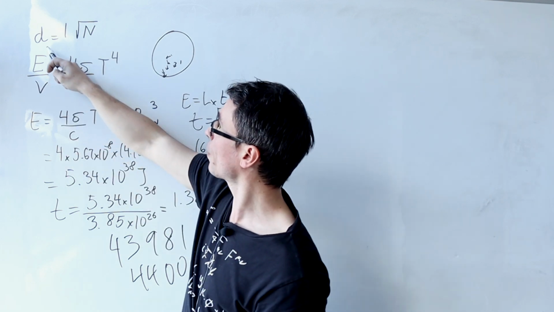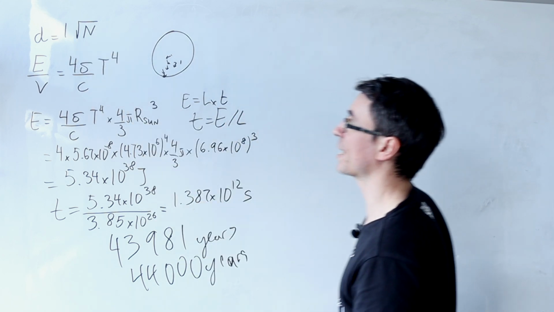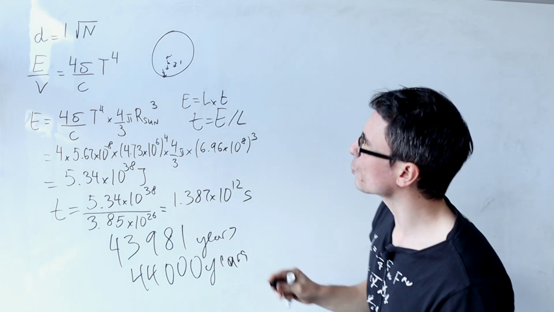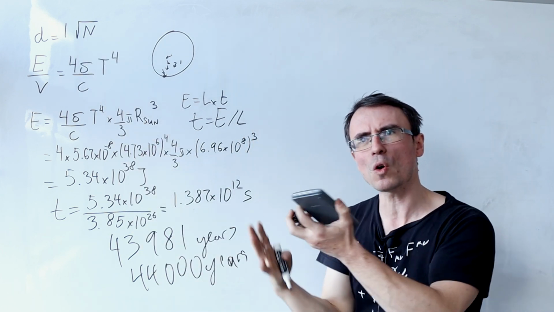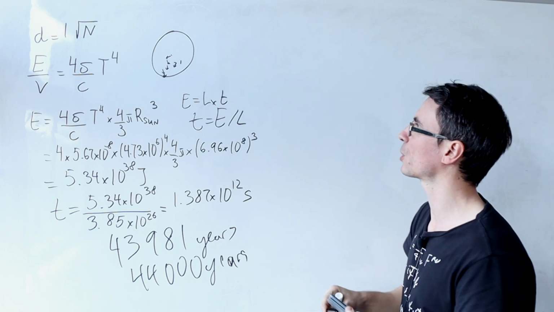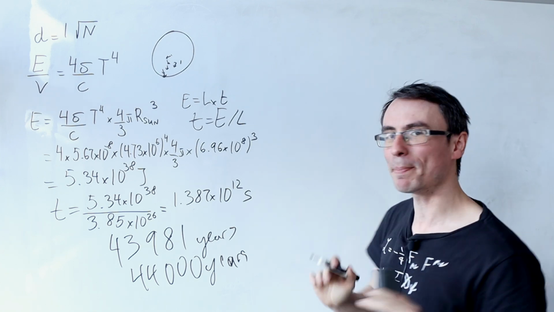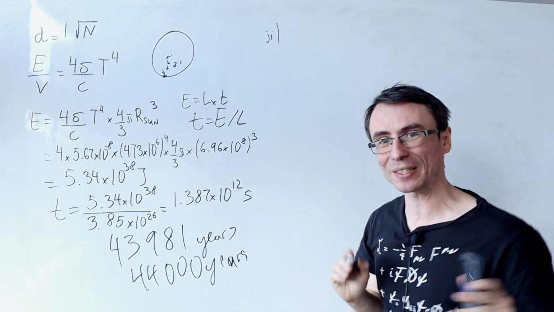And we're given this equation that D is equal to L root N. Well, how are we going to find the mean free path, for how long the photon travels between absorptions? This is actually a really tricky part of the question, and in order to tackle this, we must realize a couple of things.